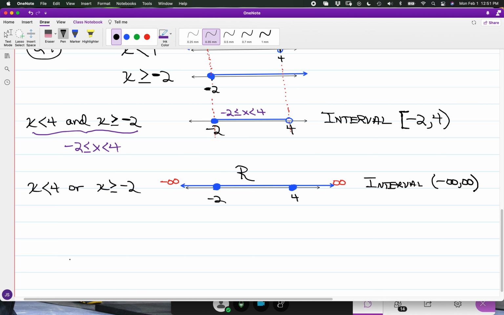And just tying together what we have with the words or and and, this time we have, say for 28, the variable y. So here we have y is less than or equal to -2, and we have that y is greater than -5.